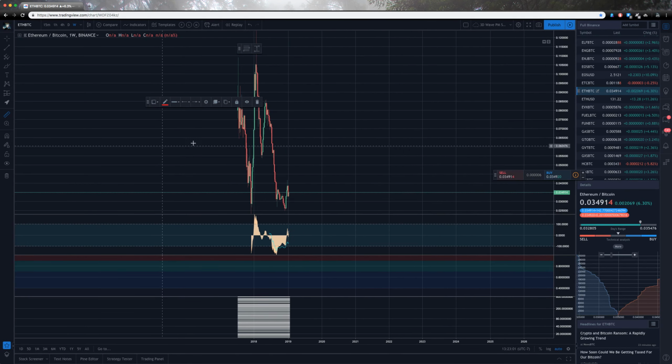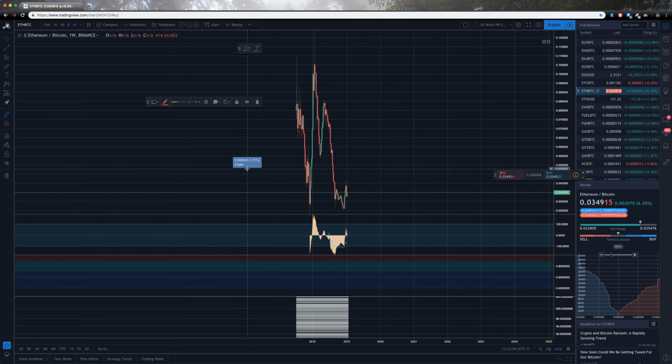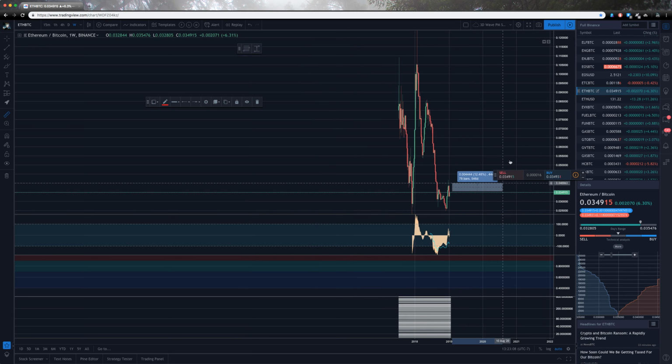Christ, the weekly chart for Ethereum is just ugly. What kind of gain is this? I want to figure that out. It's 200%. That's fine.